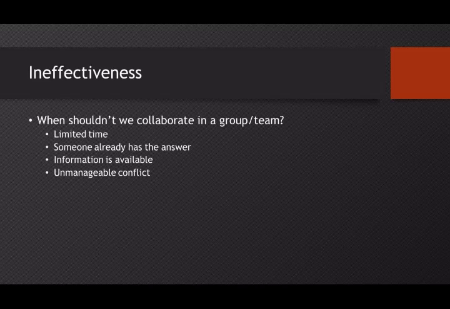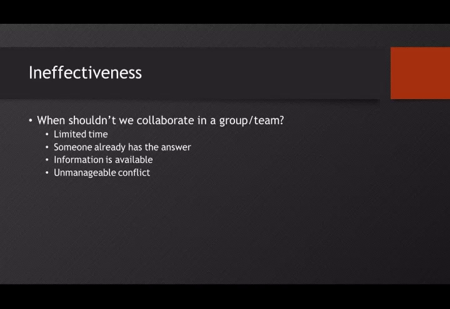The second instance is when someone already has the answer. So remember that with groups, one person might have initially the answer, the best solution to reaching that goal that the group might have. So if that is the case, then it's probably better that a group does not collaborate. There's no need for it.